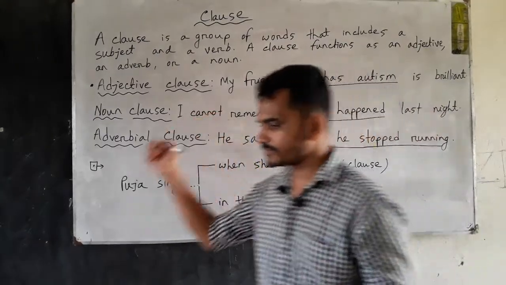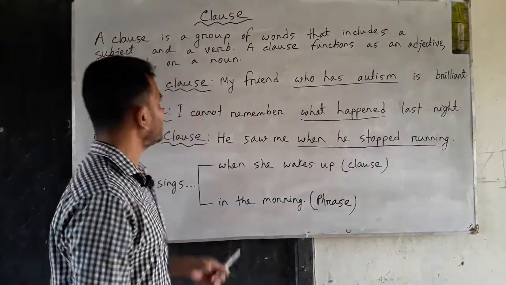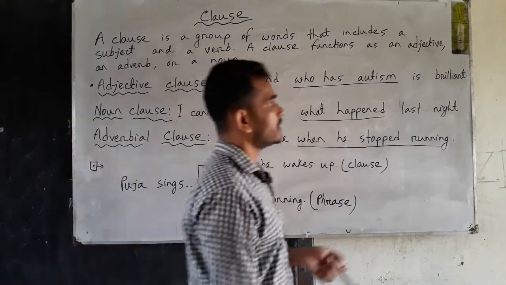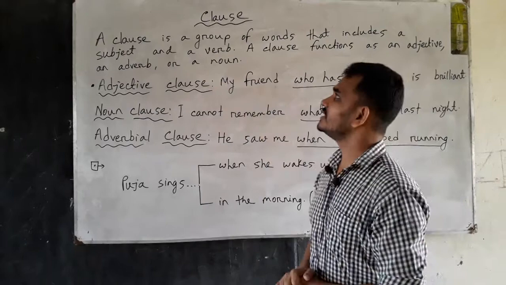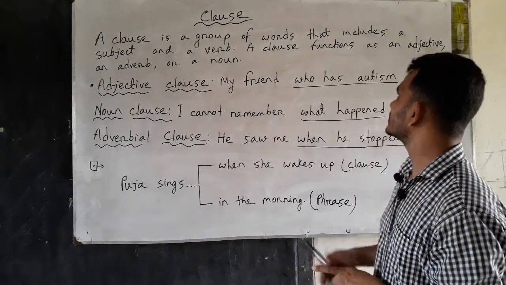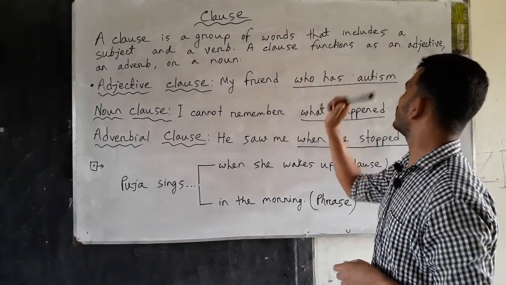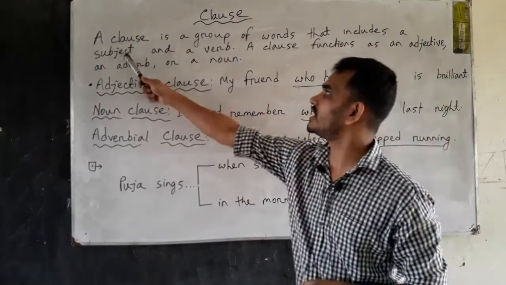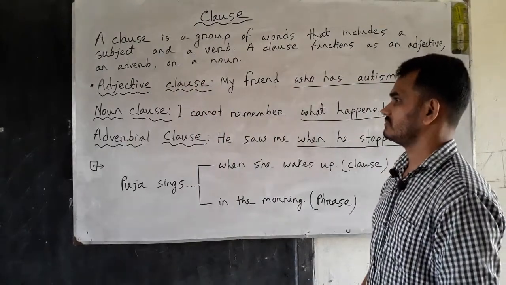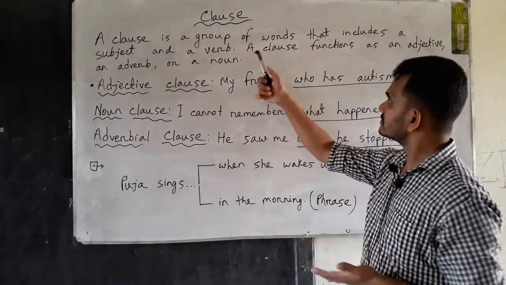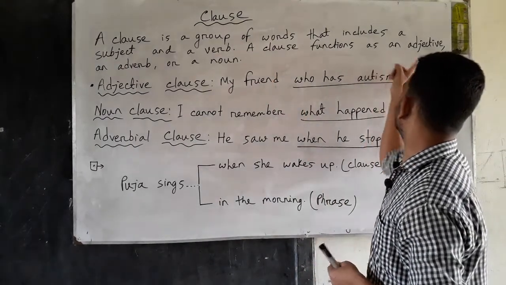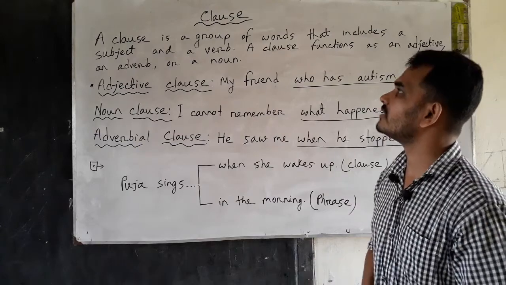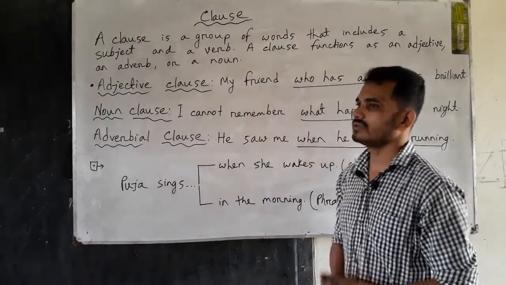Look at the definition. A clause is a group of words that includes a subject and a verb, and a clause functions as an adjective, an adverb or a noun.